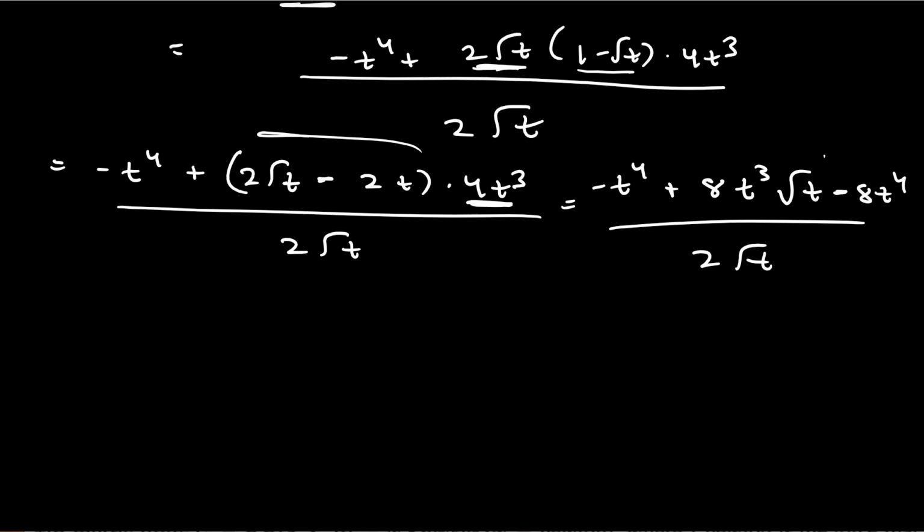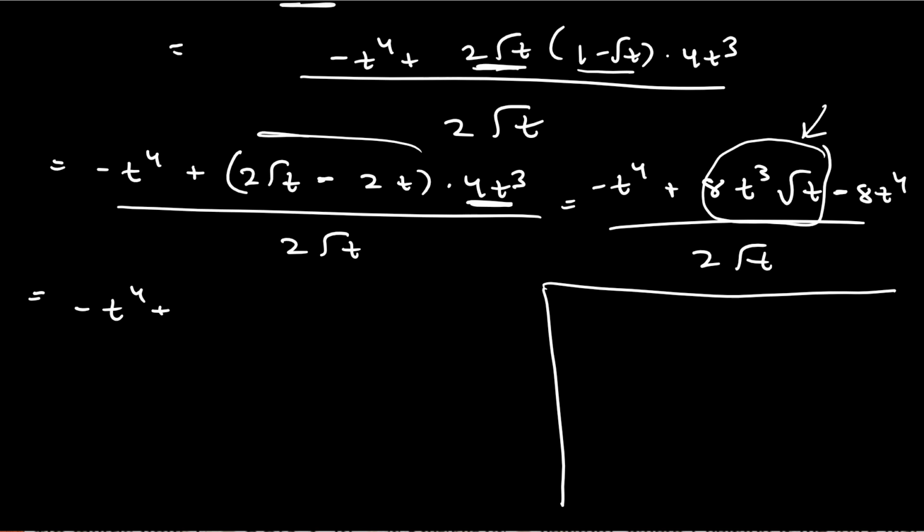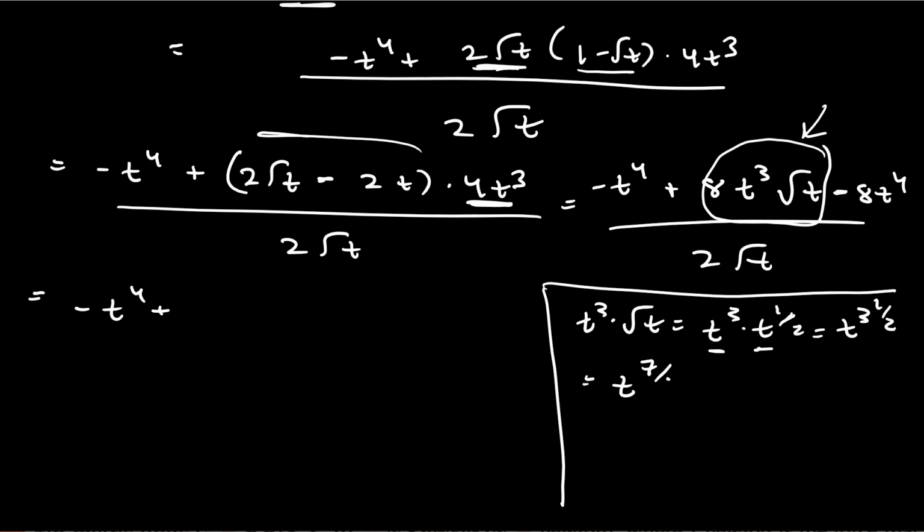Now this term is a little tricky, so we're going to work on that. So let's continue on top. We have minus t to the 4th plus, now let's simplify t cubed times the square root of t, which we can rewrite as t cubed times t to the 1/2. Remember, if we have the same base, t and t, we just add exponents. So that's going to be t to the 3 and 1/2, or that's just t to the 7/2.